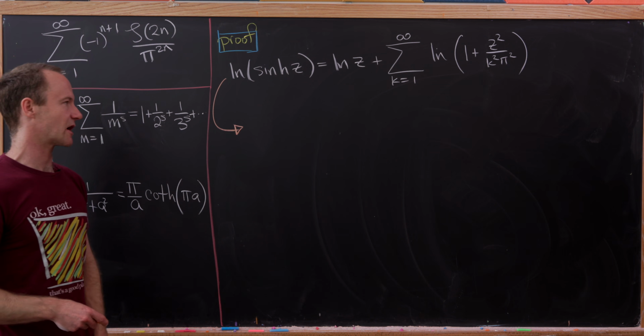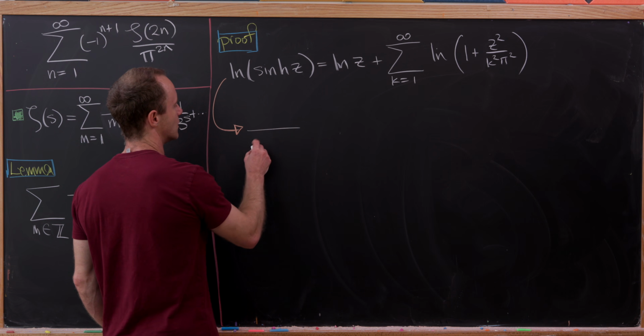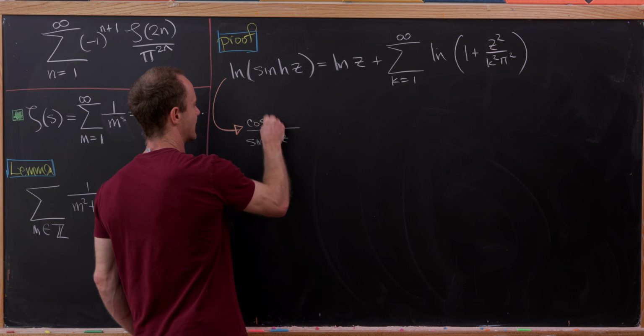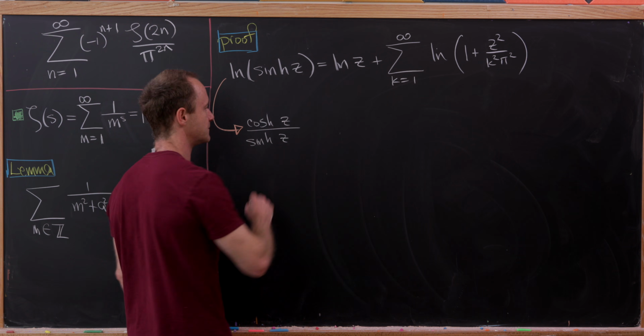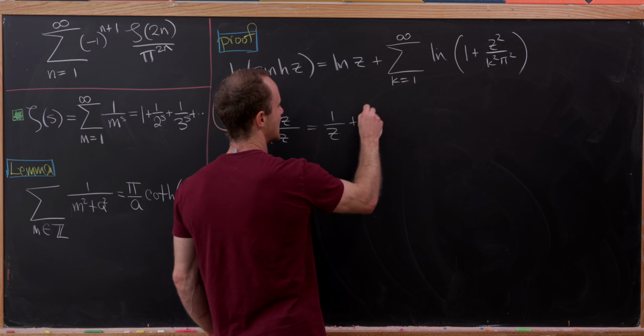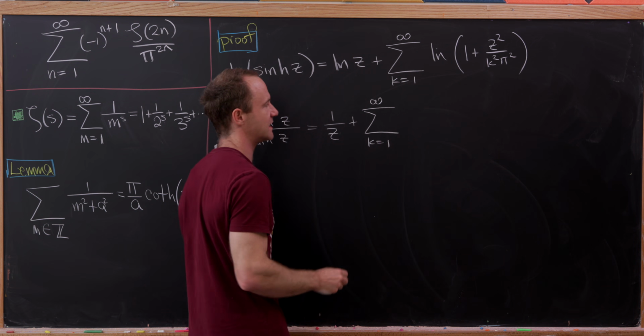So let's say this arrow is taking the derivative. So by the chain rule, we'll have the hyperbolic sine in the denominator, and then we'll have the derivative of that, which is the hyperbolic cosine in the numerator. Then taking the derivative over here, we'll have 1 over z, and then here we'll have the sum as k goes from 1 to infinity.